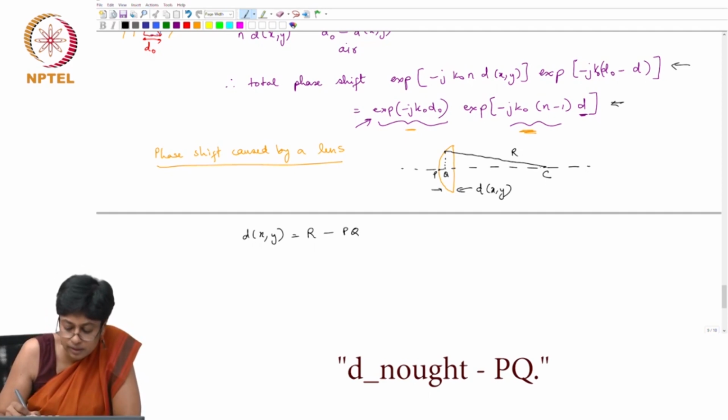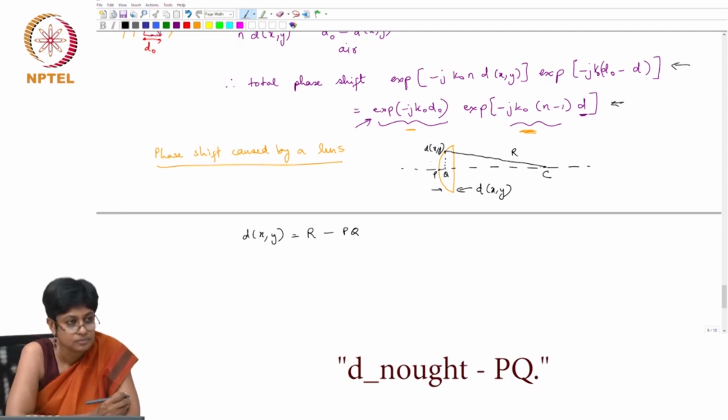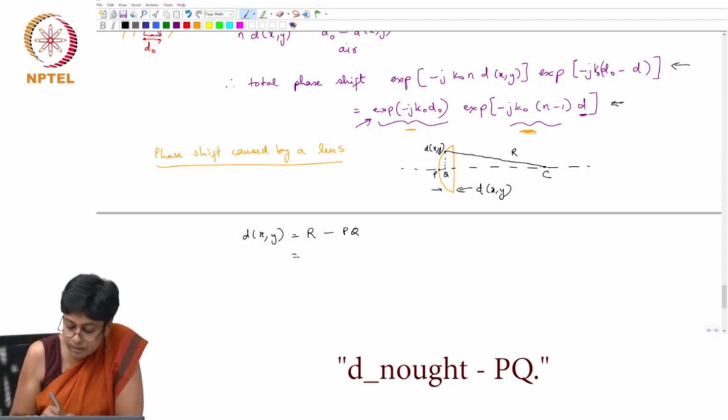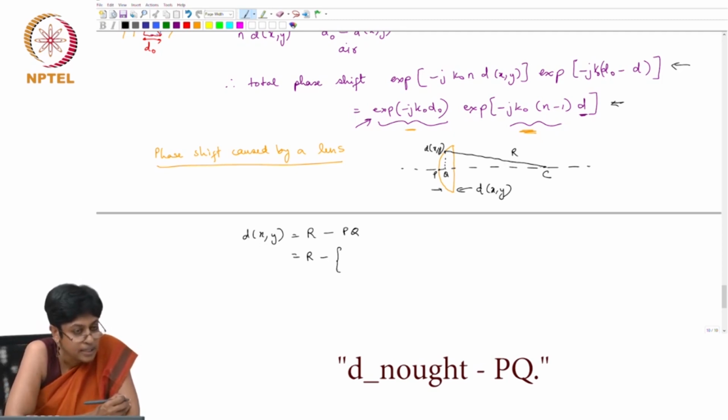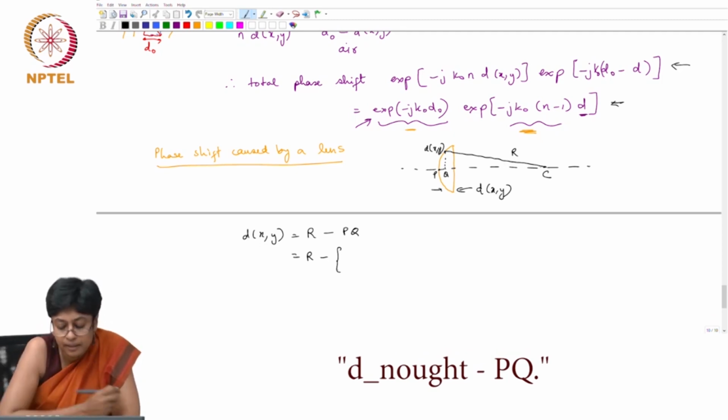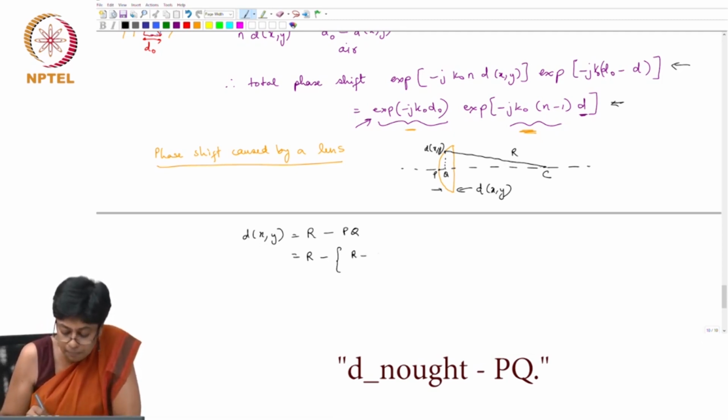So let's say I'm looking at the thickness at this particular point. Okay. But what is PQ? PQ can be calculated how? It can be calculated by R minus QC.